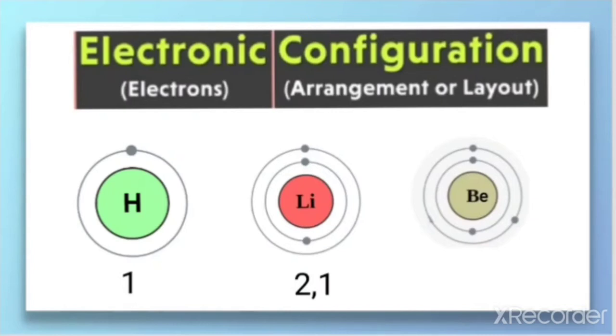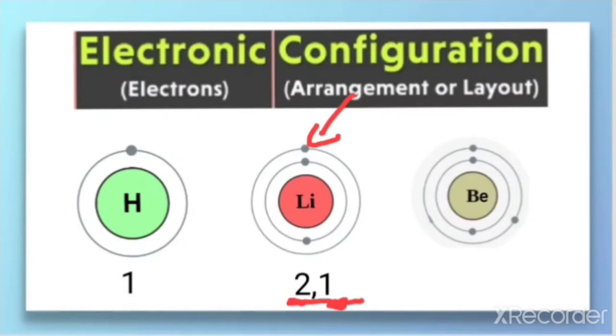In the second shell, there is a single electron, which is written as number 1 here. So 2, 1 means 2 electrons in the first shell and 1 electron in the second shell. This arrangement represents the layout of electrons in different shells.